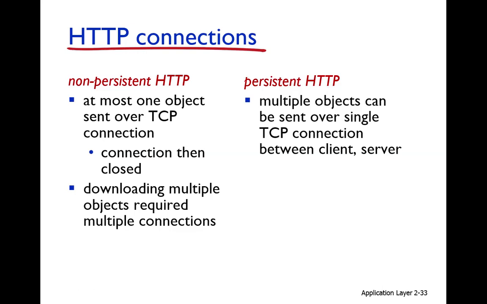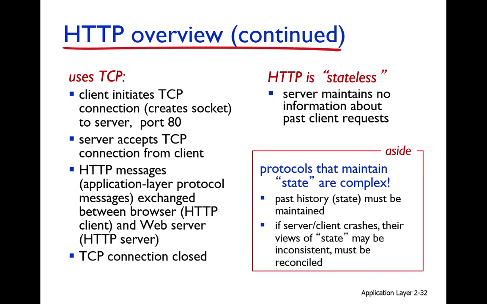Now there are two types of HTTP connections: non-persistent and persistent. As we explained, before exchanging the HTTP messages, the application layer protocol establishes a TCP connection, because HTTP uses TCP at the transport layer to deliver the data from client to server and from server to client.